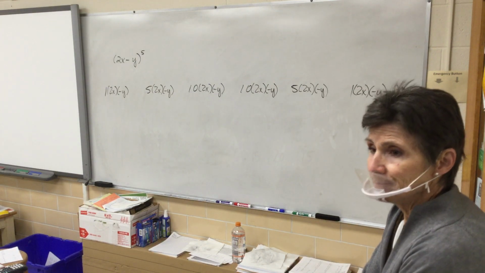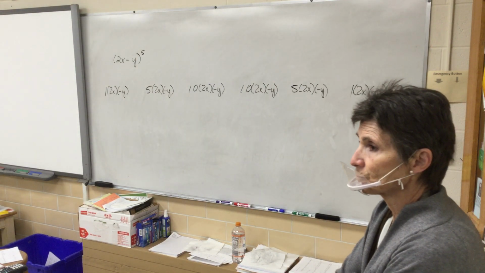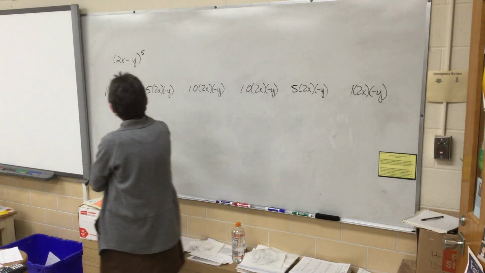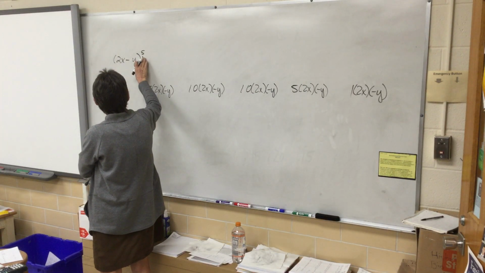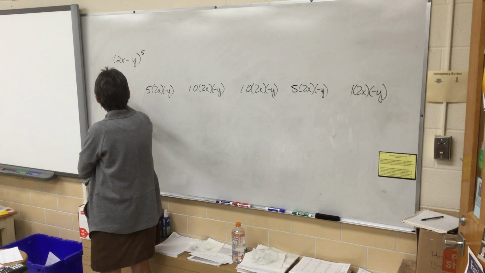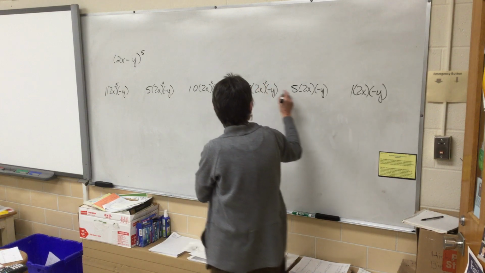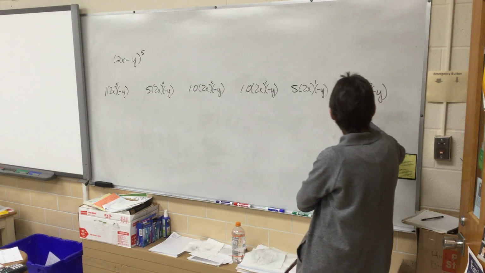All right, now what? Now we'll put our powers on. So remember, whatever the first one is, it gets this power to start. So 5, 4, 3, 2, 1, 0.